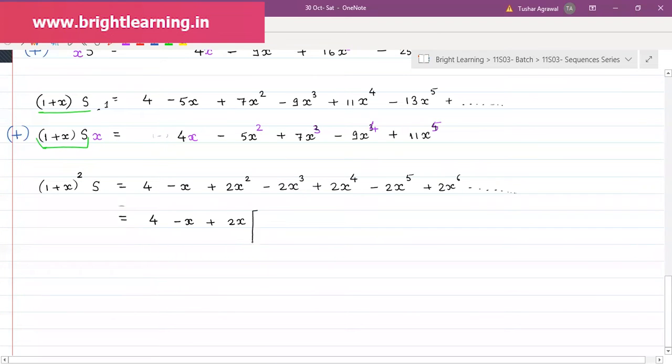If you take 2x as common, you can take 2x square also as common. Then what remains is 1 minus x plus x square minus x cube plus x to the power 4, and so on.